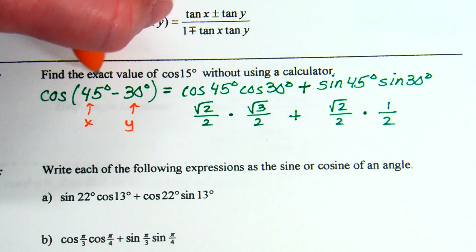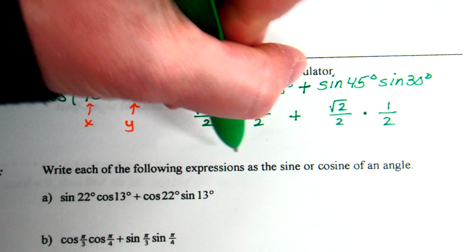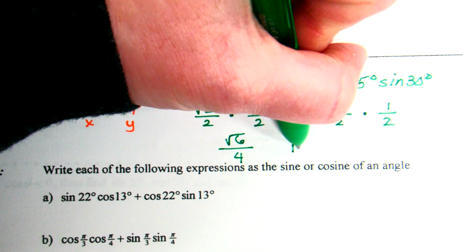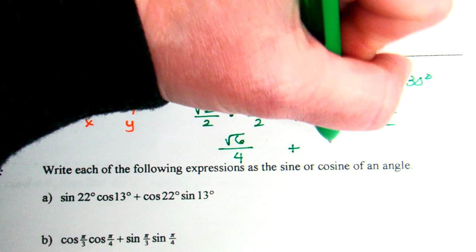So, square root of 2 over 2 times square root of 3 over 2 is what? Square root of 2 times square root of 3 is square root of 6. 2 times 2 is 4. Plus square root of 2 over 2 times 1/2. Square root of 2 over 4.